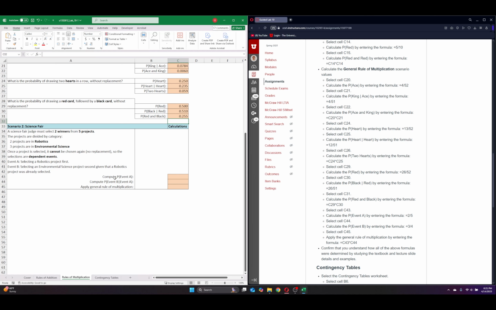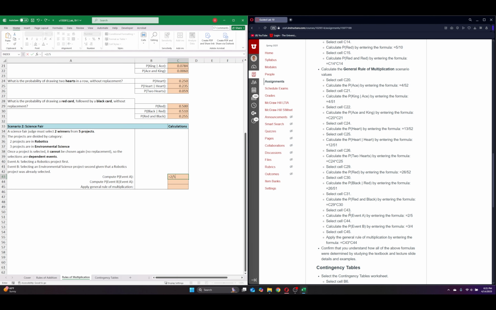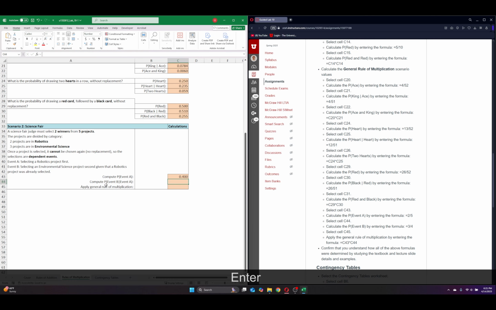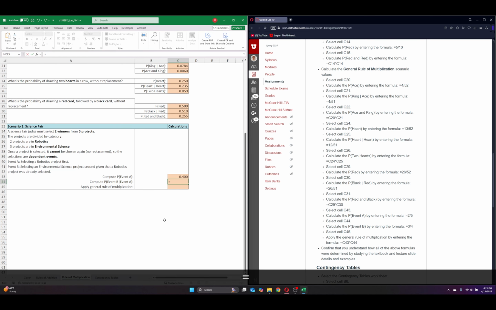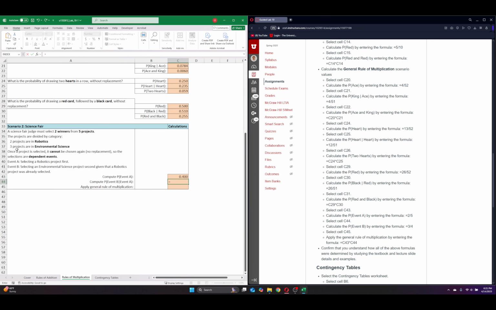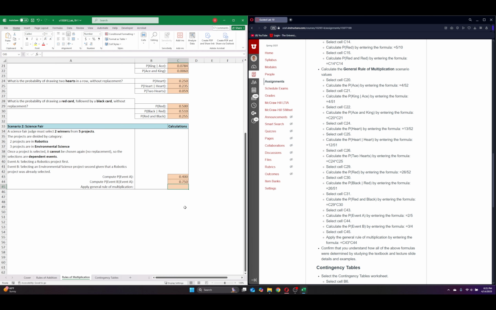So the first thing we want to do is compute event A, in which a robotics project was selected first. This one is going to equal 2 divided by 5, I believe. Yes. Now compute event B after A. It can't be robotics again, so it is going to be 3/4, 3 divided by 4, because we lost one of the robotics projects.